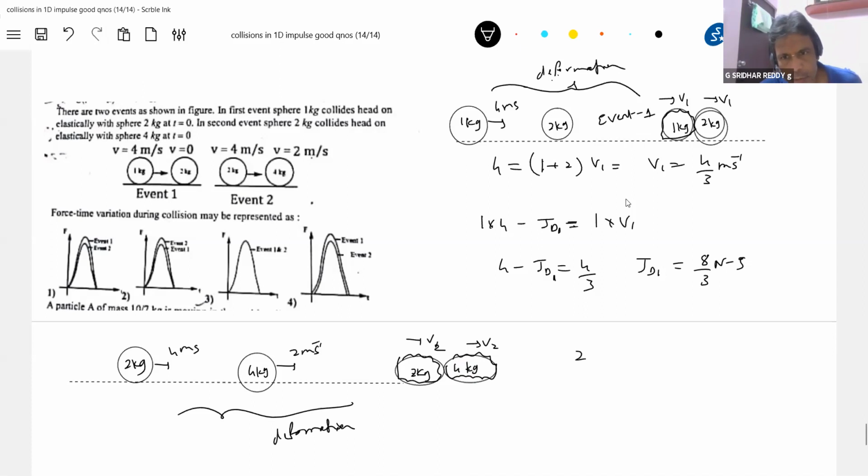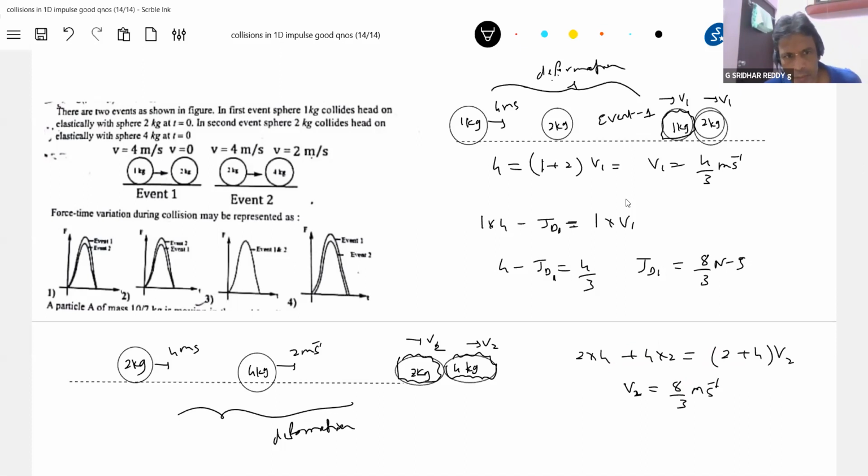Then this will be 2 into 4 minus JD2 is equal to 2 into V2. First, conservation of momentum. Apply conservation of momentum: 2 into 4 plus 4 into 2 is equal to (2 plus 4) V2. This will be 8 plus 8, 16, 16 by 6, 8 by 3 meter per second.